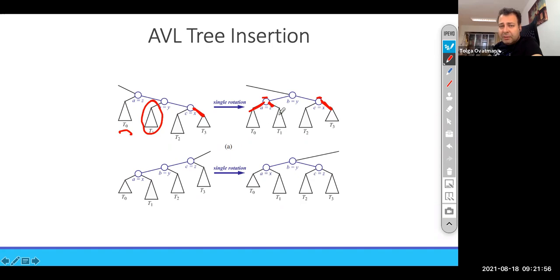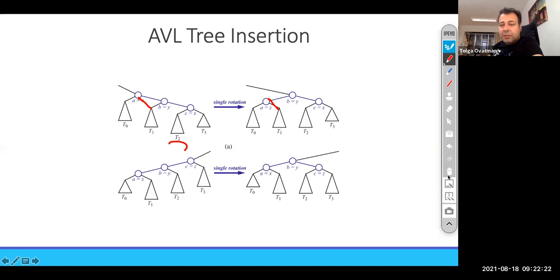So I can put it there because I already know that these are all larger than A, because I go once to the right, and even if I go towards the left, this T1 is still in the right subtree of A, and all the elements should be larger than A still. Okay. So what I do is I take this and I connect this to this.